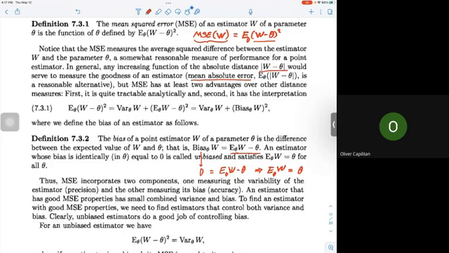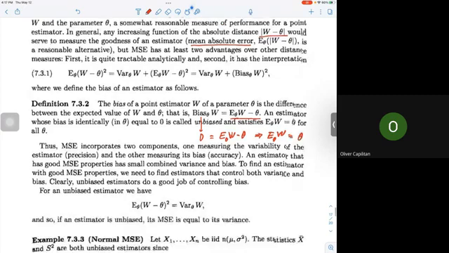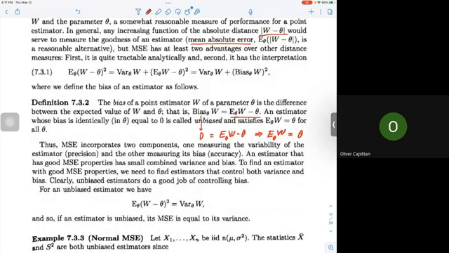So we have two components for our MSE. The first component, measuring the variability of our estimator, talks about the precision of that estimator. And the other one, measuring its bias, is for the accuracy of our estimator. So an estimator that has good MSE properties has small combined variance and bias.